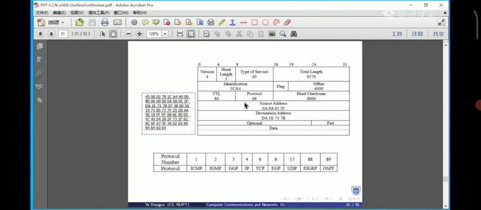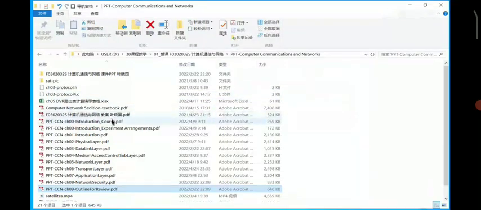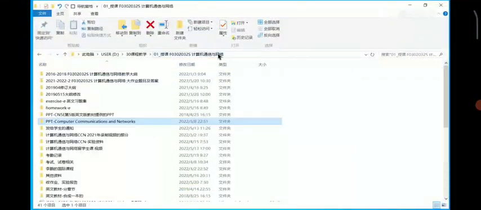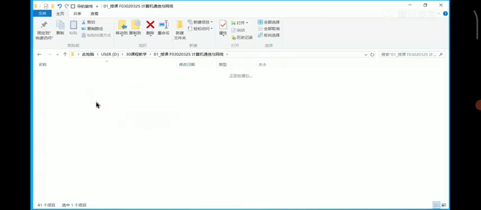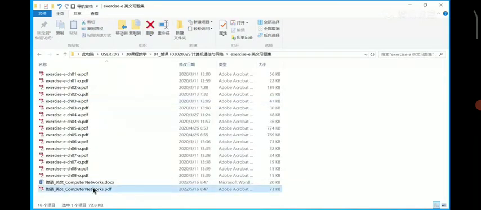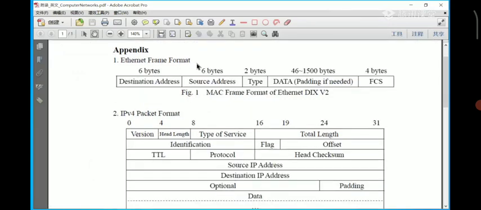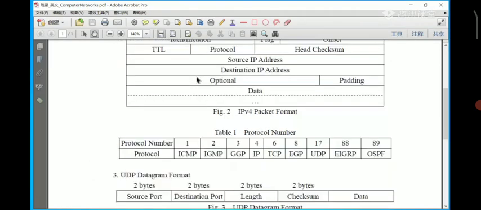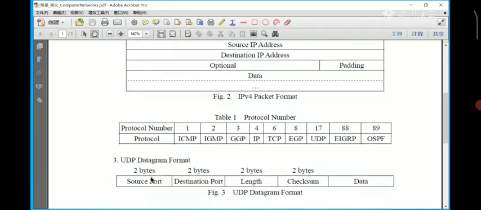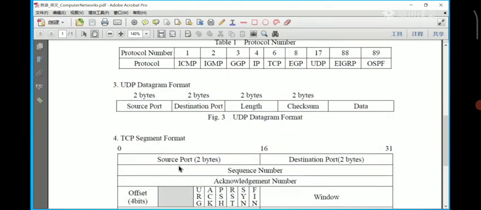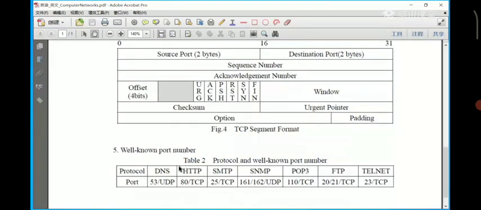During the final assignment, the appendix with Ethernet frame format, IPv4 packet format, protocol number, UDP datagram format, TCP segment format, and well-known port number table will be provided for you.